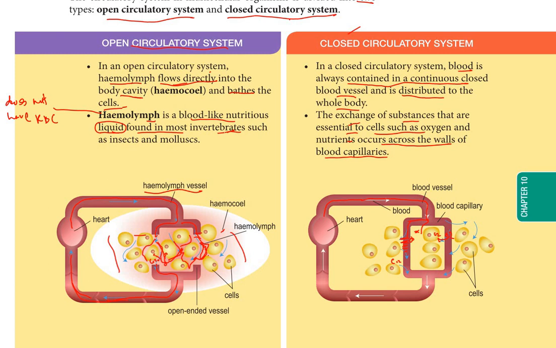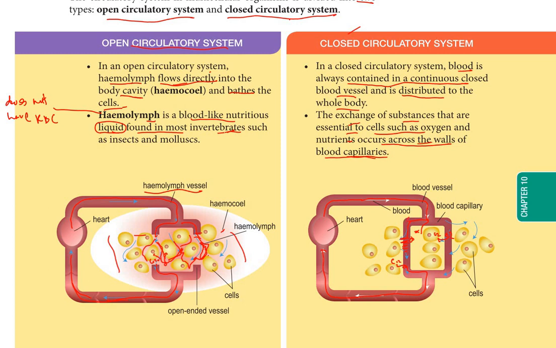Carbon dioxide from the cell will diffuse into the wall of the blood capillaries and then be transported back to the heart. So that means the exchange of gases does not occur directly from the blood. It must occur across the walls of the blood capillaries.